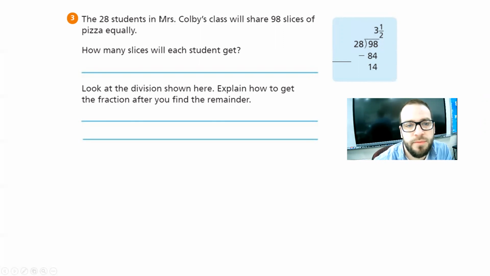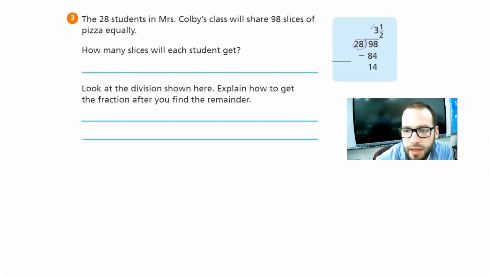The 28 students in Mrs. Kobe's class will share 98 slices of pizza equally. How many slices will each kid get? Well, there's 98 slices, and we want to see how many 28s are in 98.